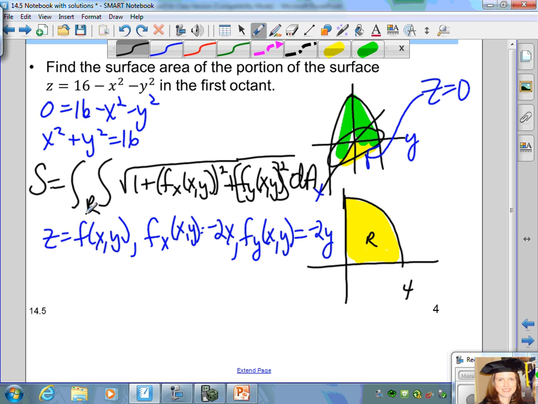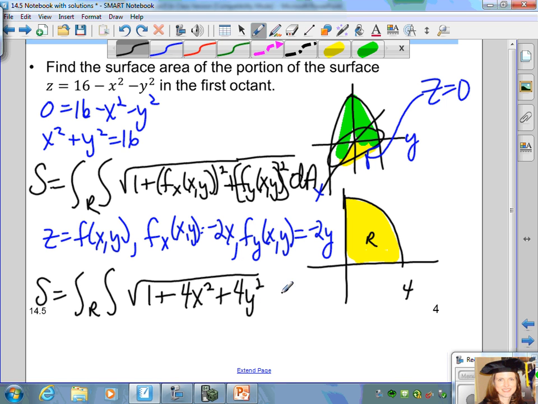We can make those substitutions into the formula. It's going to be a double integral of the square root of 1 plus this negative 2x when we square it, we get 4x squared. This negative 2y when we square it, we get 4y squared, times your differential area, dA.